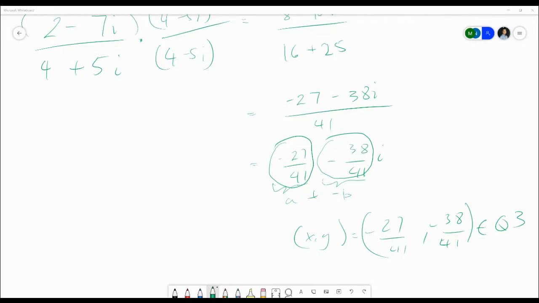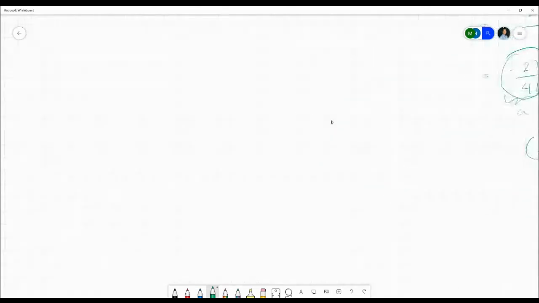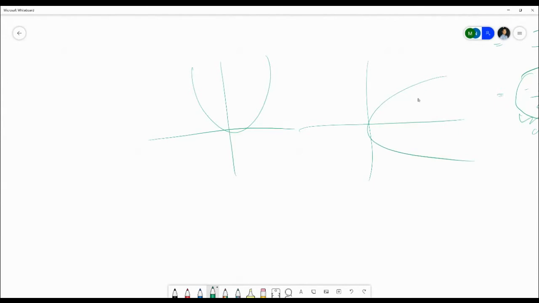Parametric equation is just another way to write an equation that involves a third variable. Usually it's time. So normally in Cartesian coordinates, you have something like this where you have a parabola. That's the function. But if you have something like this, that's not a function because it doesn't pass the vertical line test. But here, we can use parametric equations to graph this and give a position relative to time. So I can say that a particle is moving along this path.